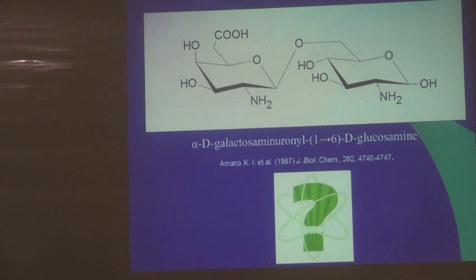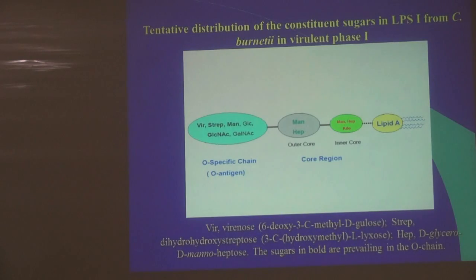This disaccharide, galactosaminuronic acid 1,6-glucosamine, should be present in all O-specific chains, but we were not able to confirm it. We spent a lot of time trying to find these two sugars in the O-specific chain. They should form the backbone of this O-chain, but this is probably not true.